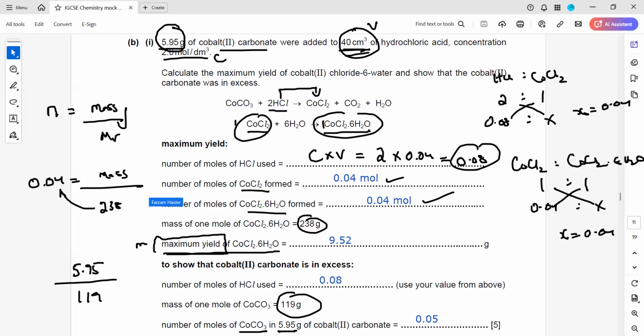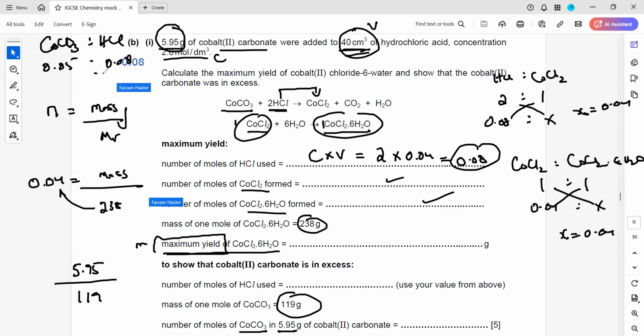According to the equation, the ratio between cobalt carbonate and HCl is 1:2. If we have cobalt carbonate and HCl, according to the equation, the ratio should be 1:2. But according to the moles which we have, how many moles do we have for cobalt carbonate? 0.05. And how many moles of HCl are there? 0.08.